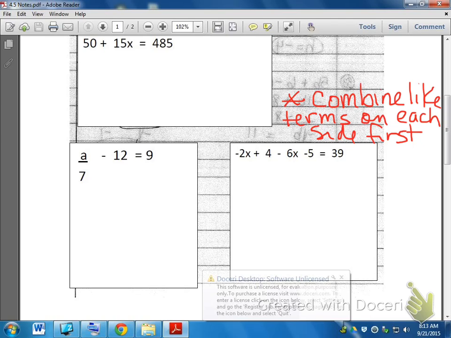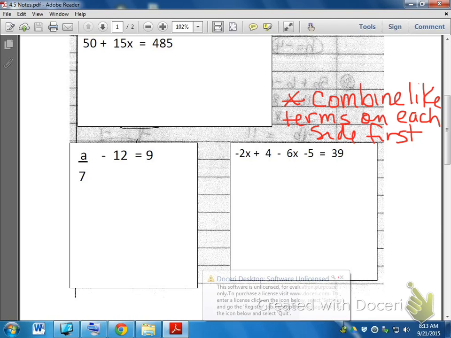And generally, you should go like terms on the left and then like terms on the right. If you can find any like terms on the left, you should put those together. You don't do opposite signs when you're doing that. You just combine them. And then if there's any on the right. On this one, I think you see that there's just some on the left.